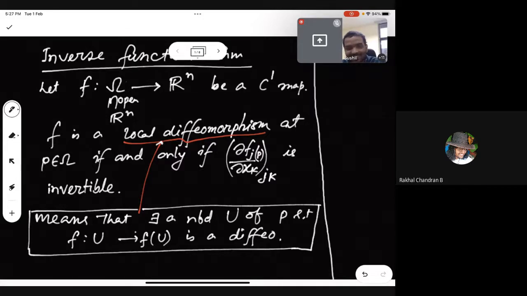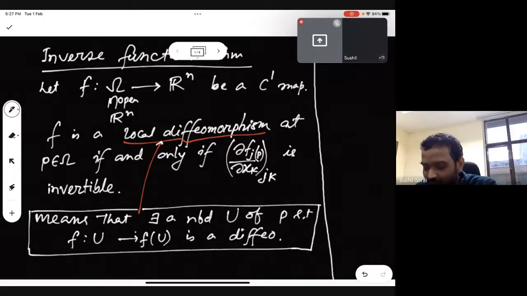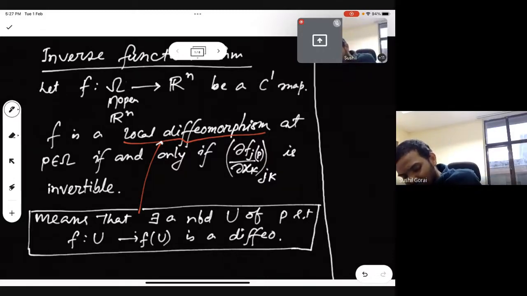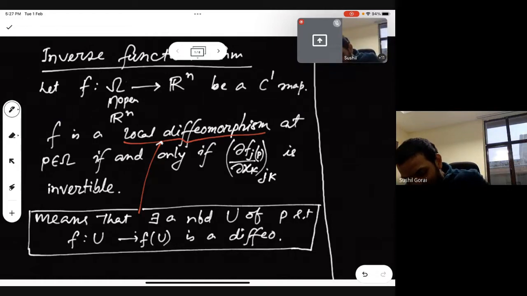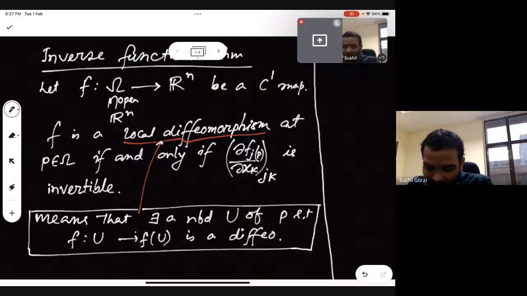No, sir, but that would just mean that f of U is open in f of U. Well, f is actually a map from omega to Rn, right? You are in some sense right, but the point is that in this case U and f of U both are open subsets of Rn.